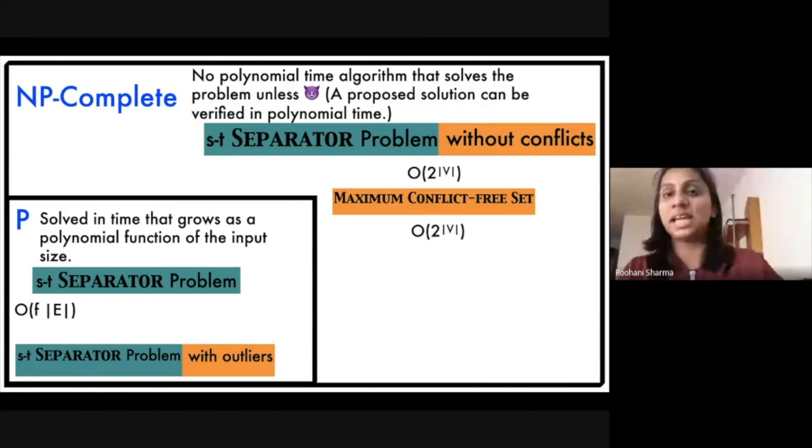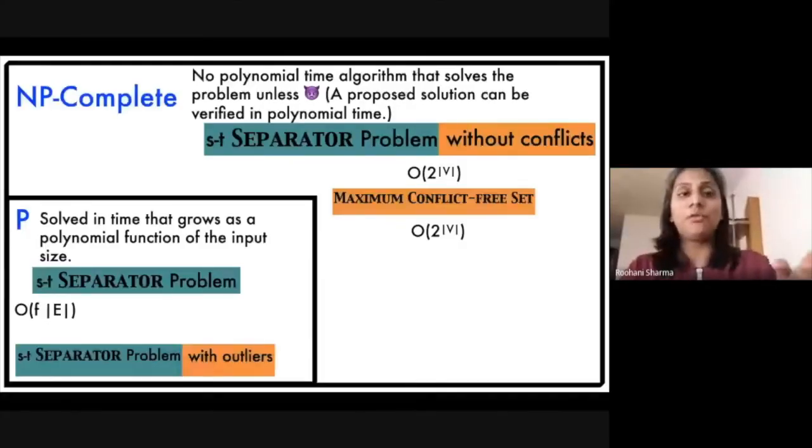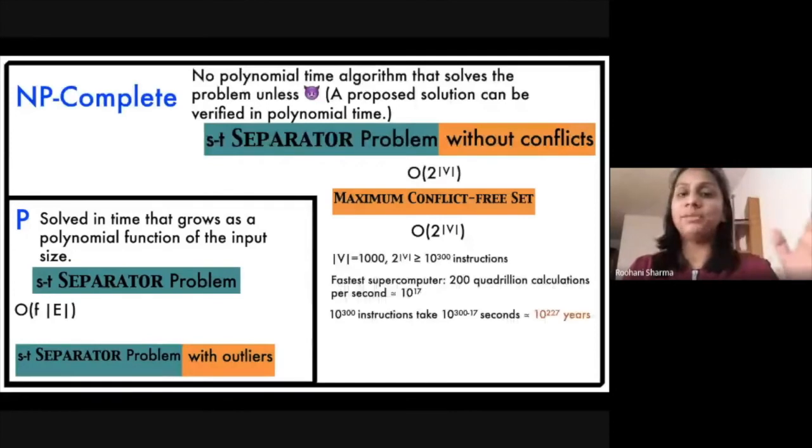Just to highlight what changes so significantly when we go from polynomial time algorithms to exponential time algorithms, let's consider some concrete values and see how those running times behave. For example, assume that we had a graph with 1000 vertices. An algorithm that takes 2 to the power v time takes roughly 10 to the power 300 instructions, and my quick Google search showed that the fastest supercomputer at present solves roughly 10 to the power 17 instructions per second.